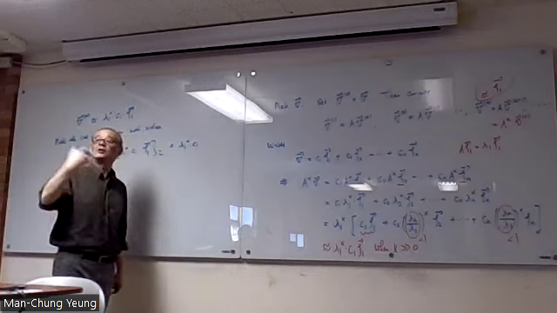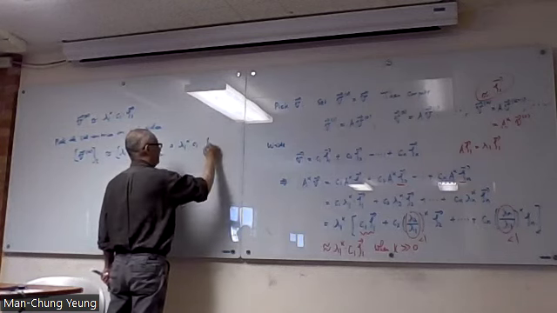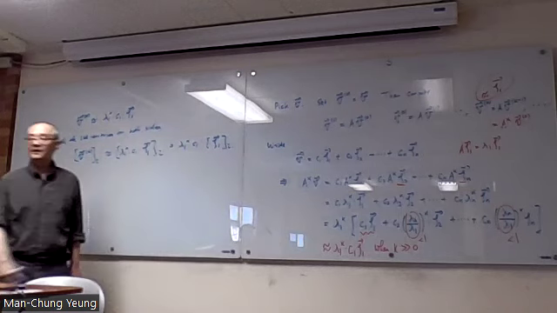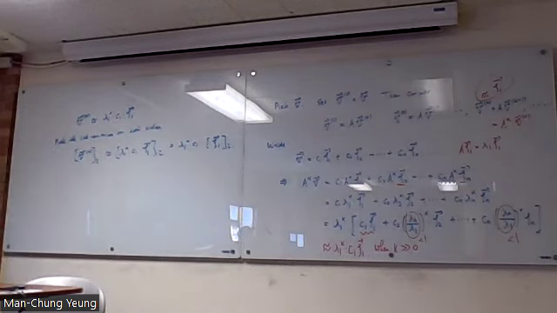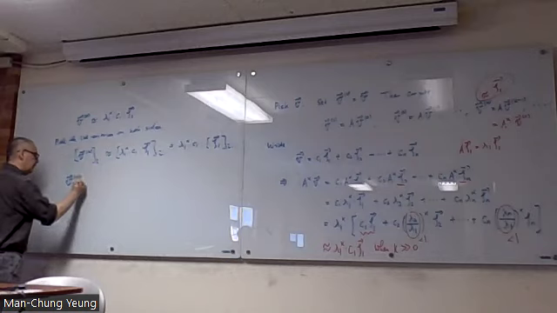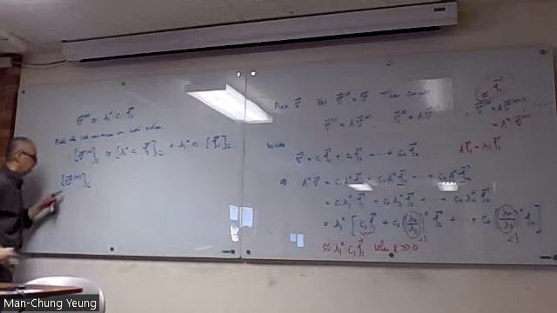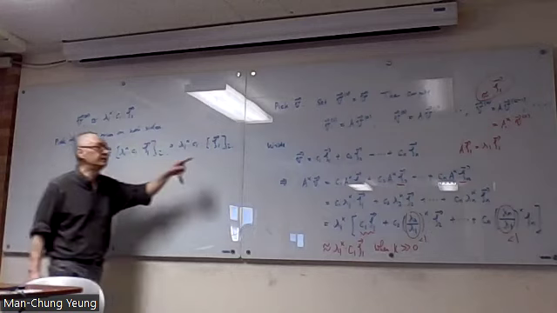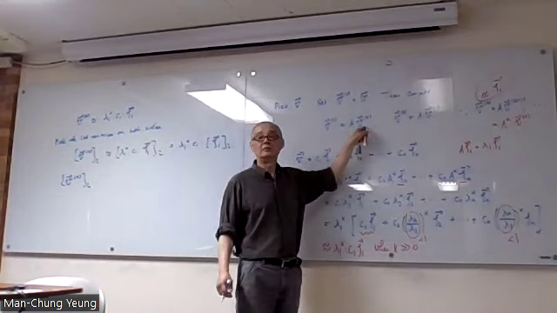We don't know c1. We don't know lambda 1. This is psi 1, i-th entry. Now how to get lambda 1? Take a ratio. Here v_k is available because we just multiply A to vector v.